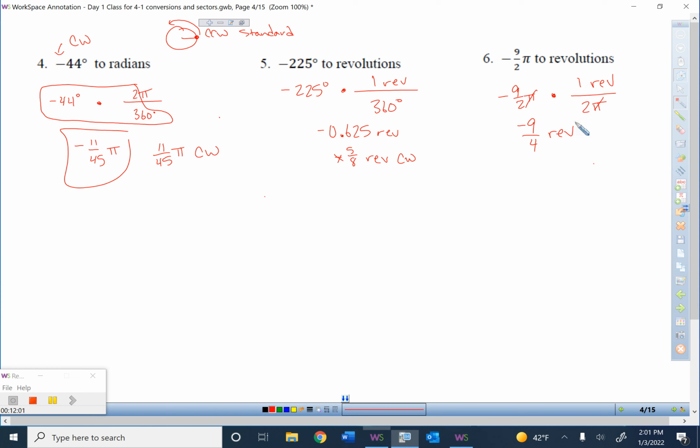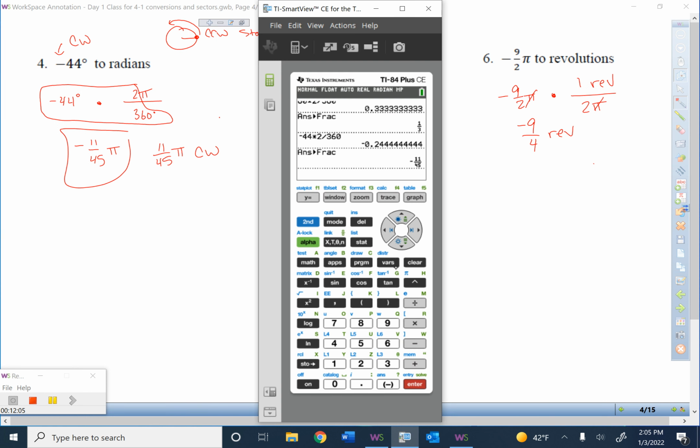If you throw this in your calculator, you do have to be careful. Let me show you why. If I just type this in, negative 9 over 2, and then I divide it by 2 again, because that's what's next over here, your calculator on this one does all right. But sometimes this part right here actually does this piece in the wrong order. And because of that, you really want to be careful.